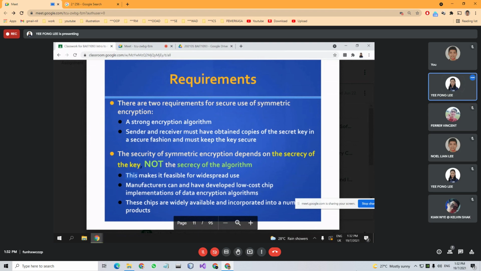The secret key must be kept secure. Even though they know it is substitution, if they have no idea what the secret key is, they might not be able to understand it or easily identify the plain text. So it is important to note that the security of symmetric encryption truly depends on the secret key, not the algorithm. Please take note.